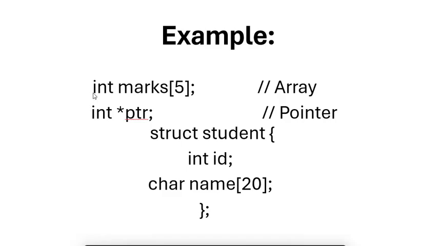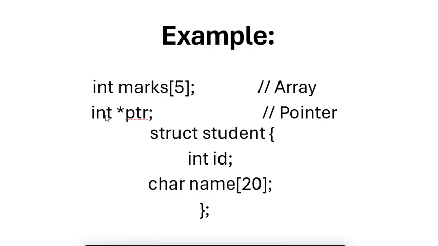Here in this example, int marks[5] creates the array of 5 integers, that is marks[0], marks[1], 2, 3, 4, till 4, because the array starts from index 0. That's why it will create the array of 5 integers.